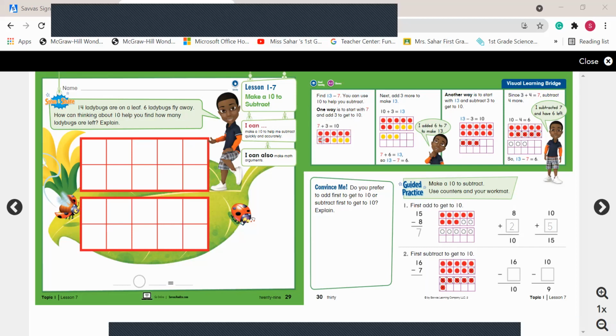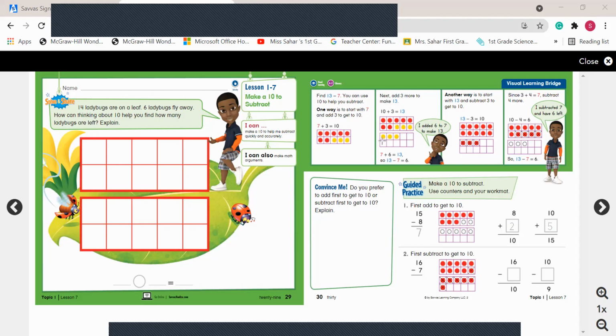So this was a 7, and now add 3 more, we made a 10. So now we have the 10 frame. Next, add 3 more to make 13. Why 13? Because my total number, or the big number that I'm subtracting from, is 13. In our previous example, it was 14. All right. So you have now that total number 13.